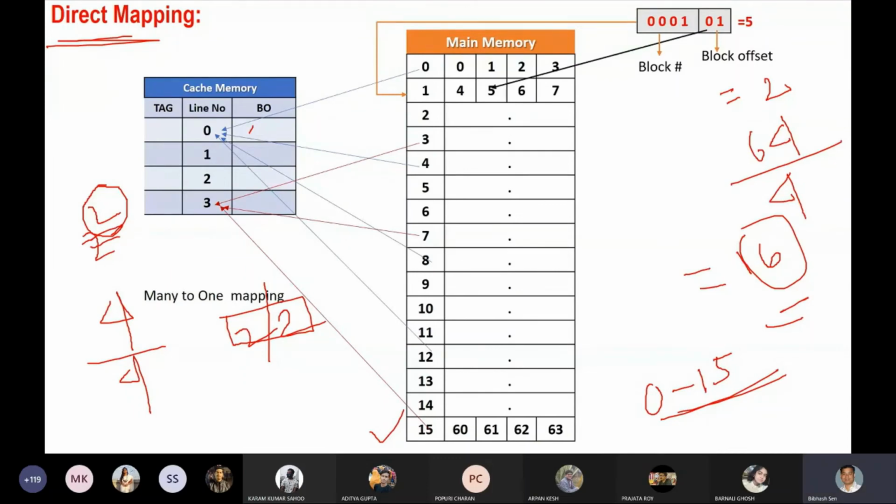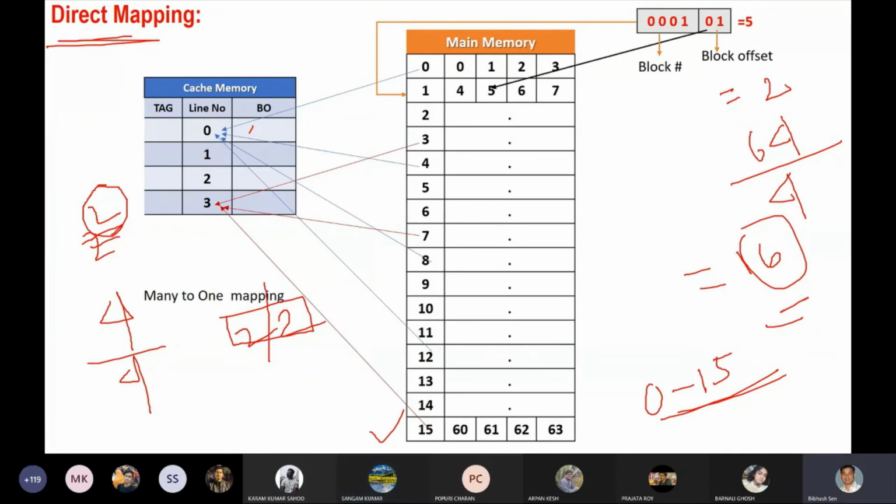Sir, I have one confusion. Sir, the formula for the cache line, you told that cache memory size divided by block size. Yes. Sir, then here will the cache line be 16 or 4?